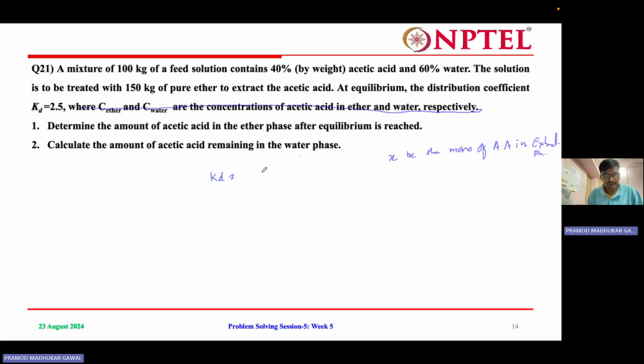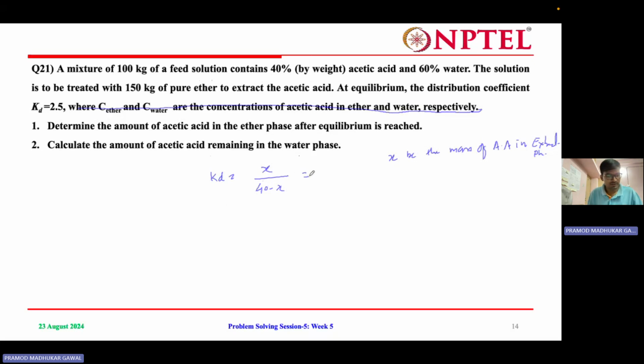So you can write down x. Initially it is 40 weight percent, means 40 kg of the solute. So 40 minus x, right? That's the quantity of acetic acid in the raffinate phase.